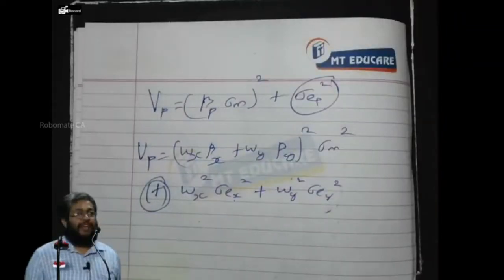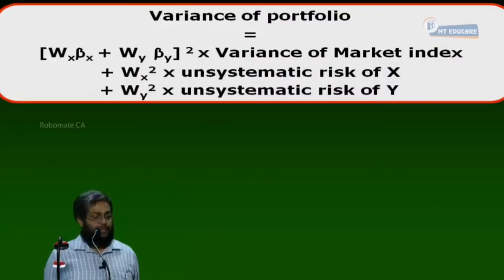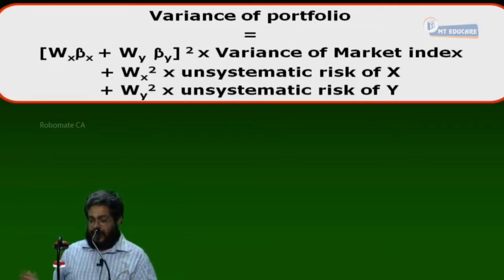In the Sharpe index model, the portfolio variance is calculated as follows. Write the formula.